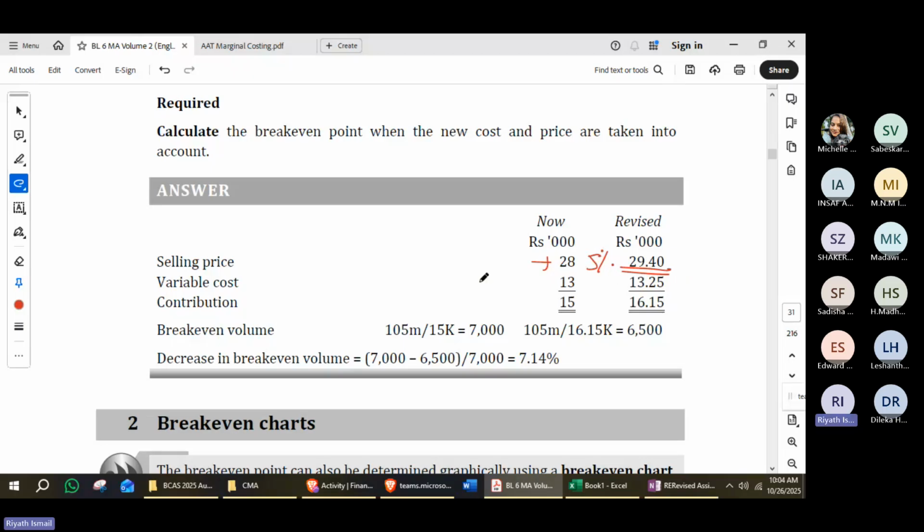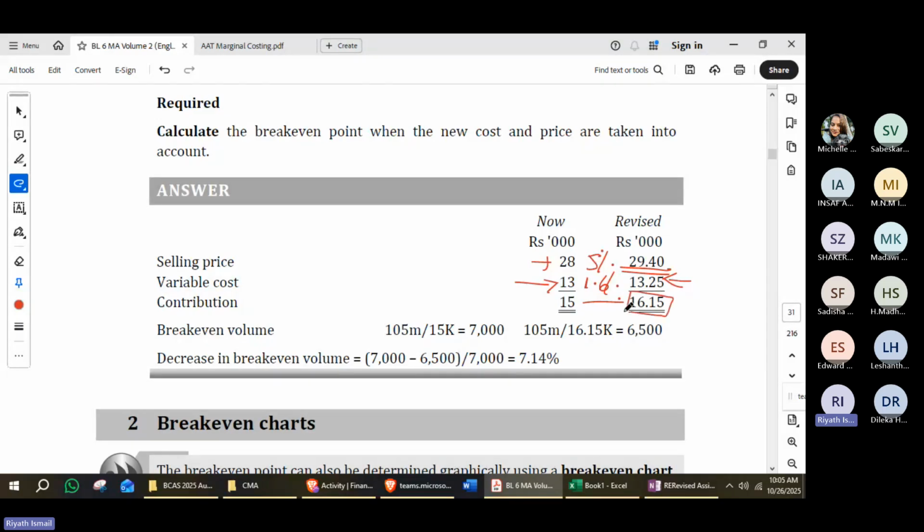The variable cost was earlier 13, and it's increased by only 1.6%. Now the variable cost is this, and the contribution could be 16.5 instead of the earlier 15.